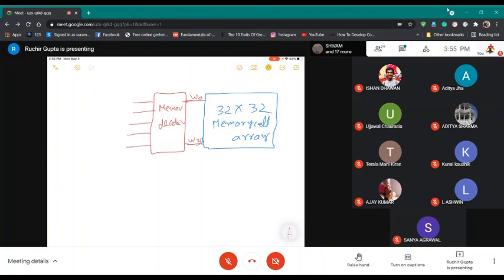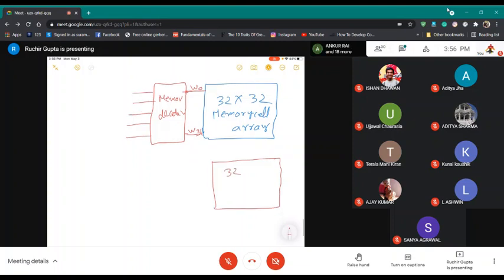And similarly here, you'll be having a 32 cross 1 output multiplexer. Mux stands for multiplexer and demux. So here, because again it is 32, you again need 5 lines here.